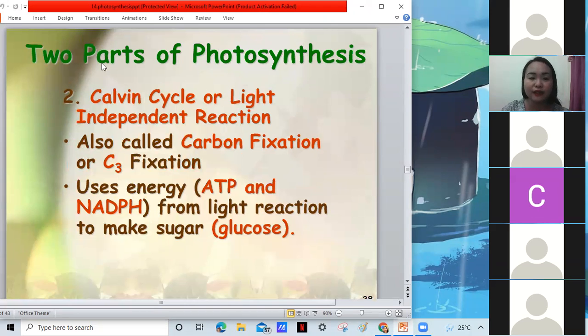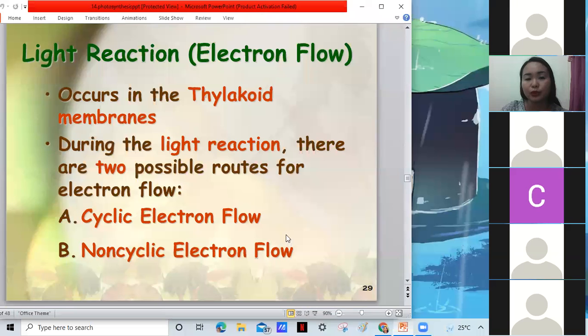But in the second phase, the Calvin cycle from earlier, where the C3, C4 compounds differ, or the light independent reaction, also called carbon fixation or C3 fixation, since C3 is its carbon, this uses the energy ATP and NADPH from the light reaction to make glucose. And it is in the second process where glucose is produced.